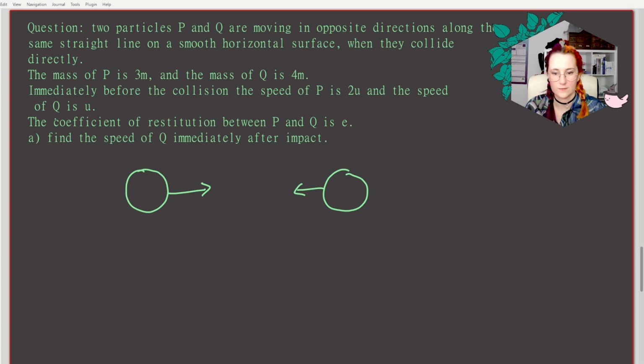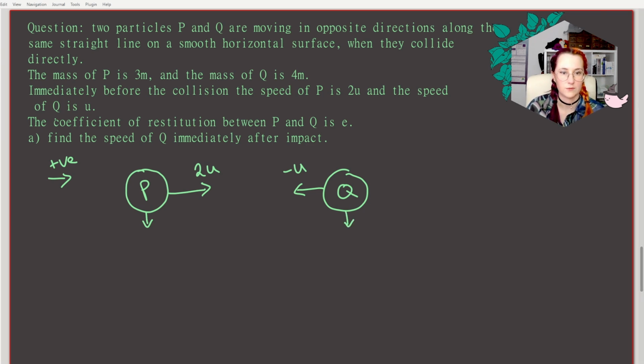And I have Q. And I know that P is moving with 2u, and the speed of Q is u. So this is actually minus u, because I'm going to set positive, as always, to the right. I'm also going to draw in force downwards. They are on a smooth horizontal surface. There we go. But this mass is 3m g, and this is 4m g.